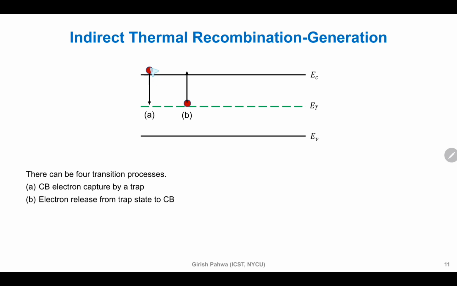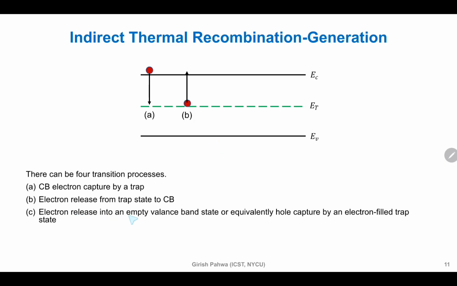There can be another process. So this electron came down here, now it is a filled state, and the electron in the filled state goes to an empty state in the valence band and recombines with the hole. So that's the process: electron release into an empty valence band state. When an electron is released into an empty valence band state, it is equivalent to saying that the hole has come to a filled state at this level.